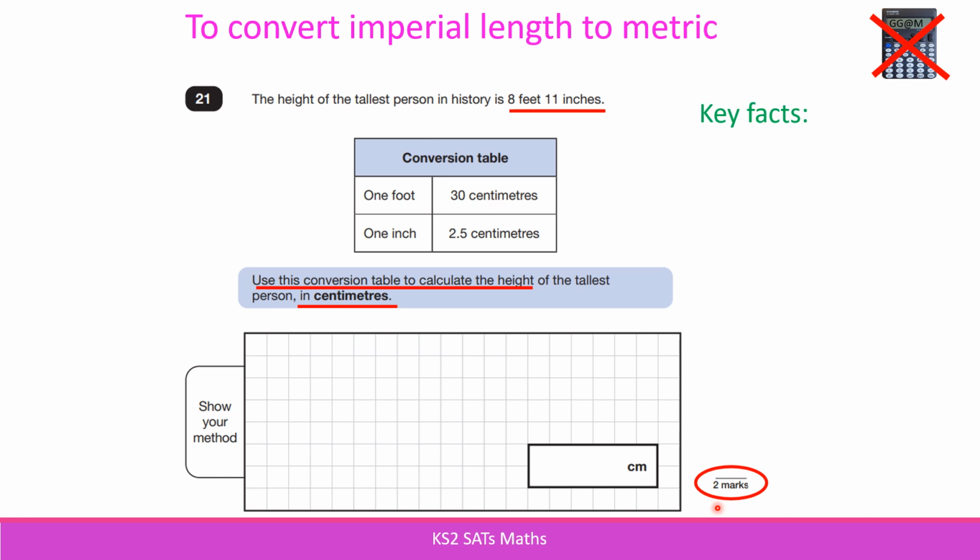For our key facts, we need to know what these words mean, imperial and metric. Imperial units are your old units, units that people used to use many years ago. Your parents or grandparents will have used imperial units when they were at school. Some people still use them.